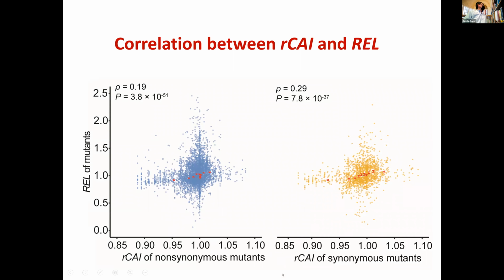Here the x-axis is the relative CAI of a mutant relative to the wild type, and the y-axis is the relative expression level of the gene in the mutant. We do see a positive correlation for both non-synonymous and synonymous mutants. So that indicates that the mechanism discovered in Jeff Coller's work is probably responsible for what we are seeing.